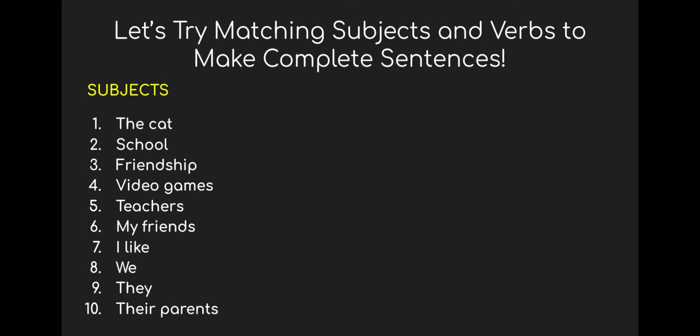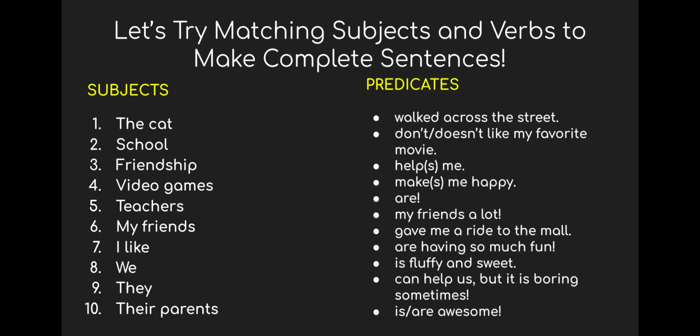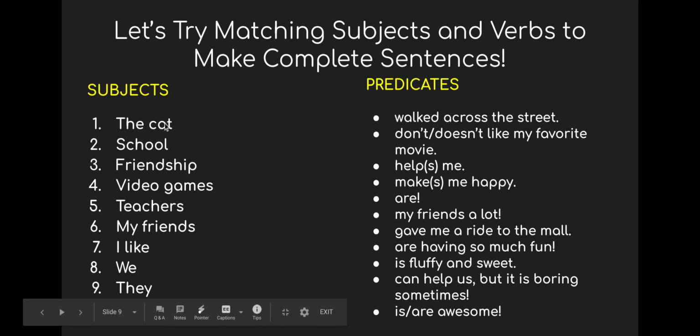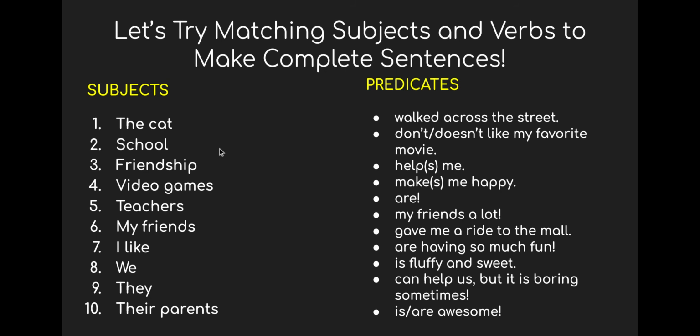So you have your subjects here on the left and your predicates on the right. So you can match up any two that make the most sense. You can say, the cat makes me happy. You can say, school helps me. You can say, my friends don't like my favorite movie.